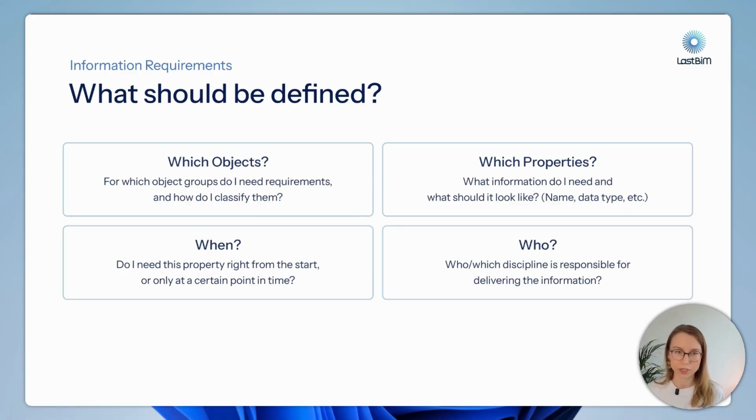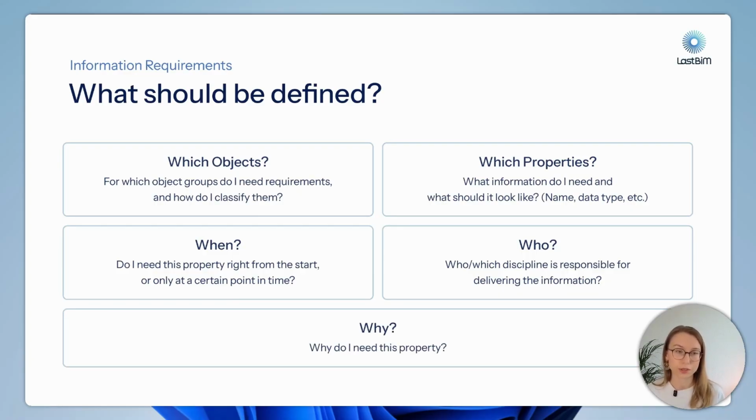Also, not every discipline has every information. Most information is only in some discipline models, and especially for some elements that are shared across different disciplines, for example, a wall that is used for the structural engineering, but also for the architecture, there I have to define in which discipline I expect the information to be delivered.